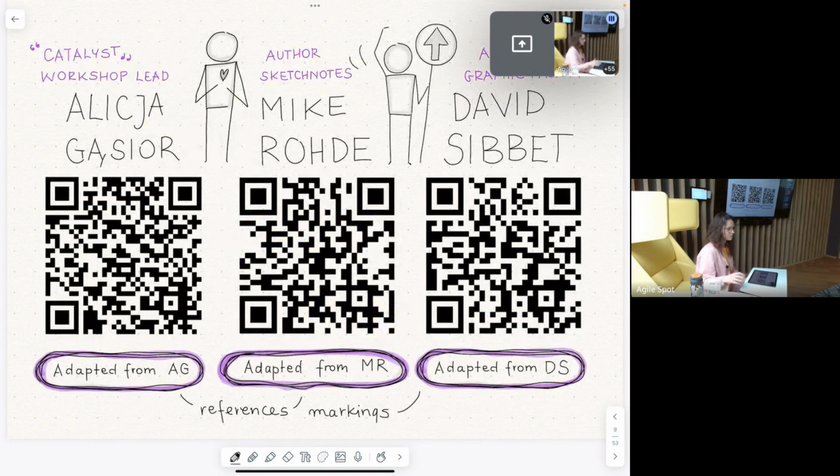Here is a little shout out to people I followed or learned about during this workshop. Alicia Gonçalves was the lead of that workshop, and she introduced me to the concept of graphic facilitation, but also later the idea of sketchnoting. When you hear about sketchnoting, here comes Mike Rohde. He's the most known, a UI UX designer who started to popularize this.